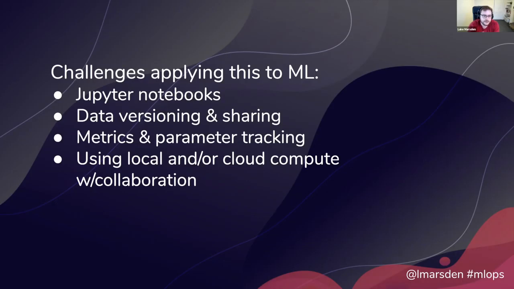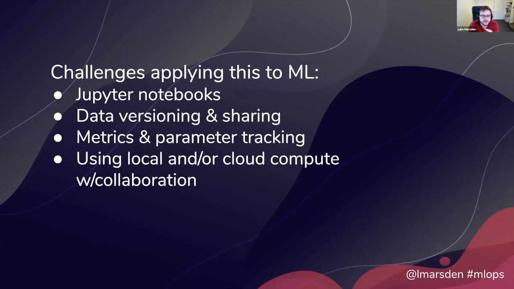And there are challenges with using a combination of local development environments. You might have a GPU or an IPU in the machine at your desk, or you might be using machines in the cloud. With Git, it's quite easy to switch from a local machine to a machine in the cloud or in your data center.